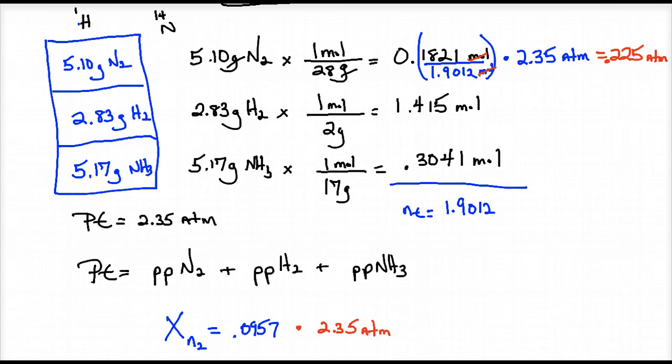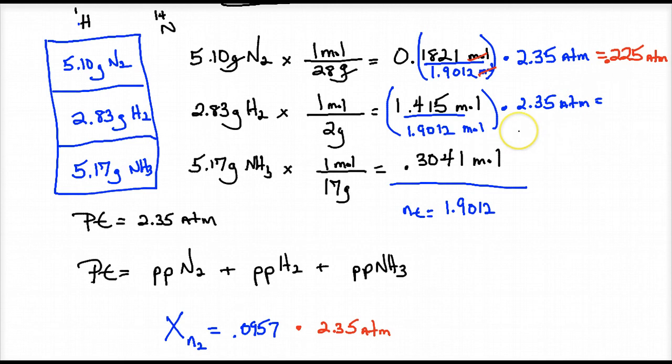All right, next up, I'm going to divide by total moles, 1.9012 mole. We're going to times that by 2.35. We're going to take that mole fraction, which is a fraction of the moles, and here we go. 1.415 divided by 1.9012, and I get 0.744.